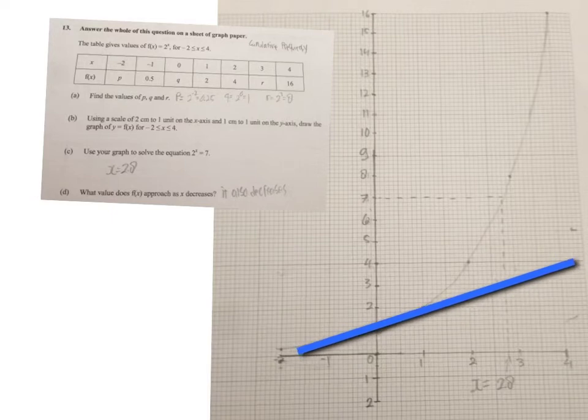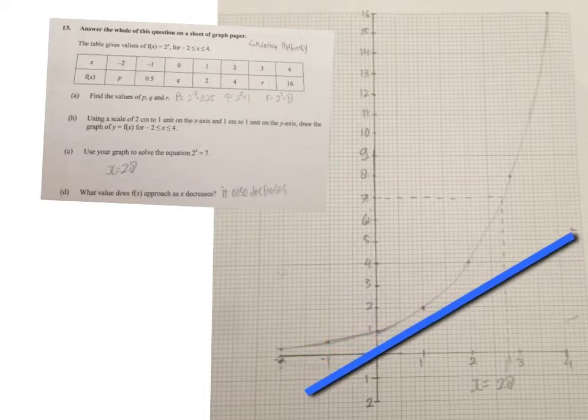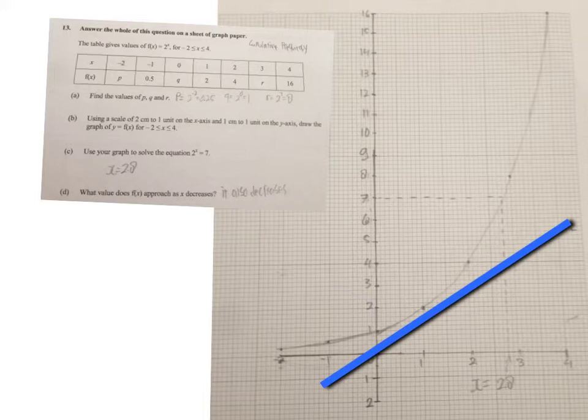If I drew my tangent here, it wouldn't be correct. So I would need to rotate this so that it only touches once. You're then going to look at the rise over run to get the equation of the tangent.